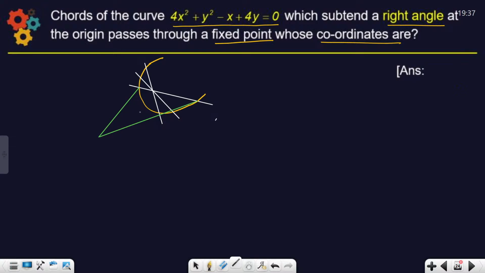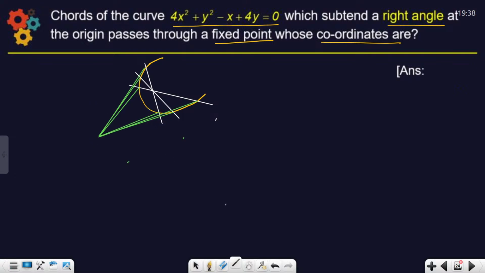If we join these 2 points with the origin, again this angle will be equal to 90 degrees. And this thing goes on. If we join this and this, it is again forming 90 degrees.